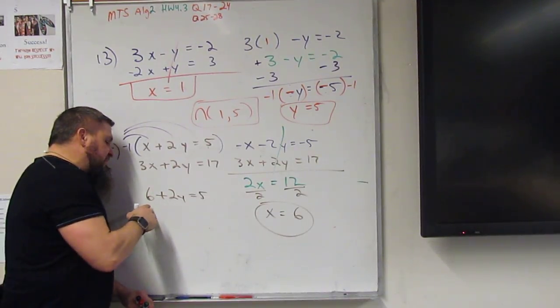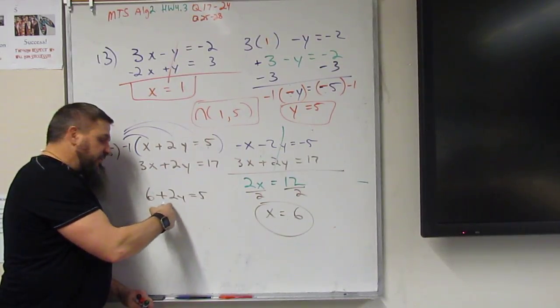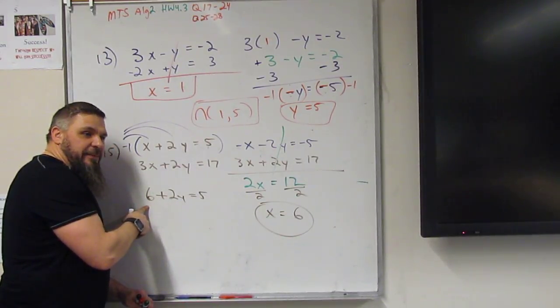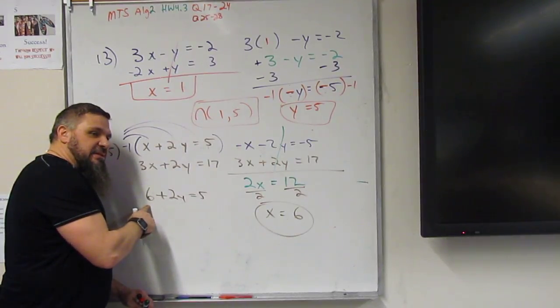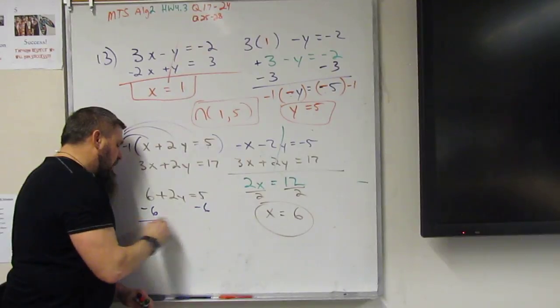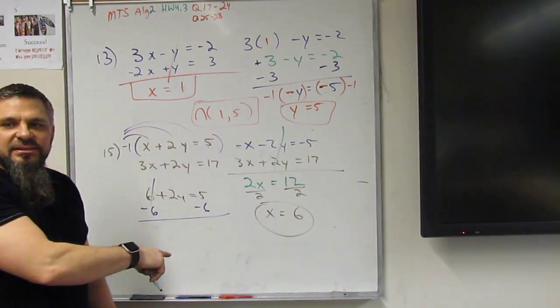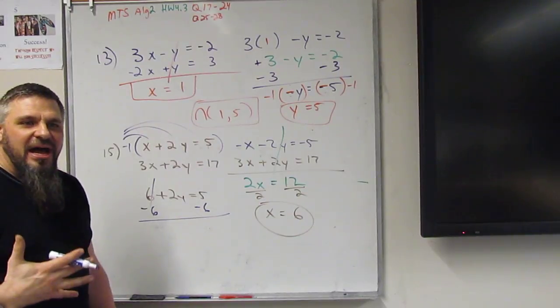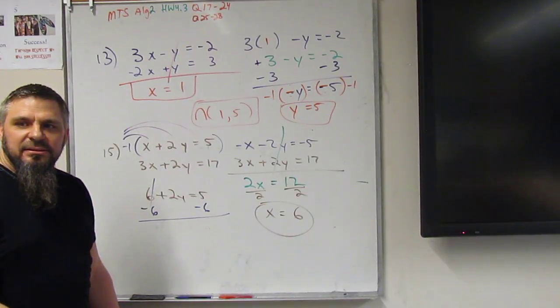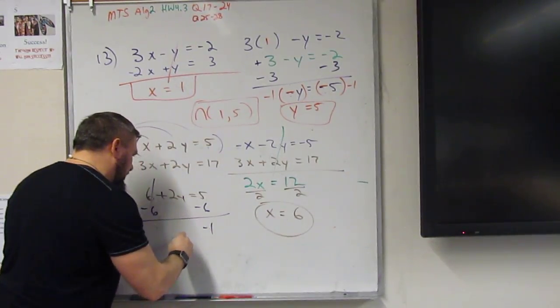Always that outside piece. Always the outside piece first. The part that's furthest away from the y. What's opposite of 6? Negative 6. Okay? So these cancel. I have 5, I need 6. If I have 5 and I need 6, then don't I still need 1? Need 1.